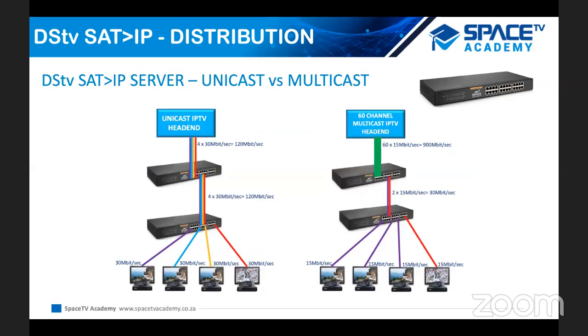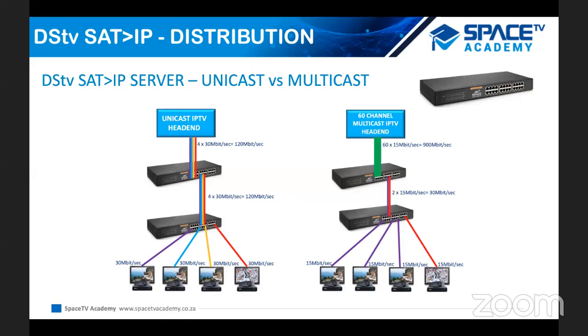So here's a quick illustration of practical differences between unicast and multicast. If you look at this setup on the right-hand side of your screen, it represents a 60-channel multicast IPTV headend. Now, in a multicast IPTV headend, the signals are manipulated, information is stripped down, etc. So typically for an HD stream, you would require about 15 megabits per second.